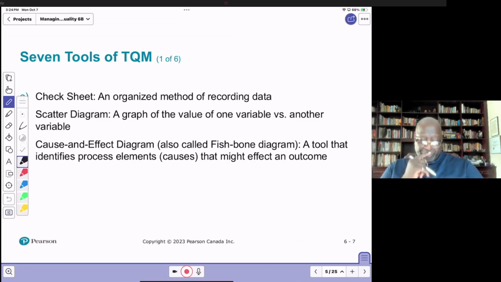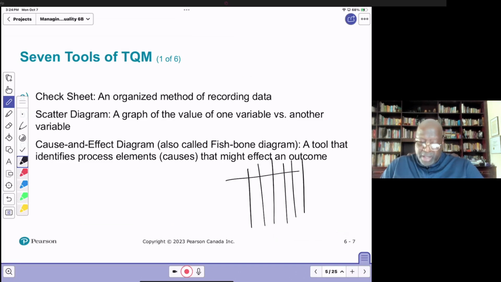A check sheet is an organized method of recording data. In a check sheet, you could simply create a set of either potential causes, reasons or factors. We put the factors over here, factor 1, factor 2, etc., and then the occurrences.